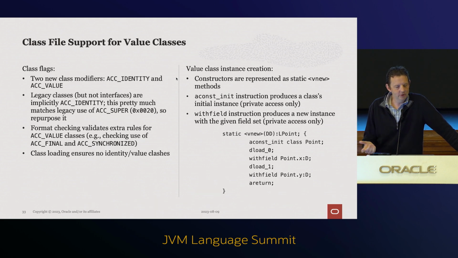And it actually turns out if you just use ACC super and say, we're calling that ACC identity now, it doesn't exactly get everything you want, but it's a good starting point. It's a good way to interpret legacy classes. So sort of as a help to tooling, we think it's a good idea to reuse that bit and just rename it to ACC identity.